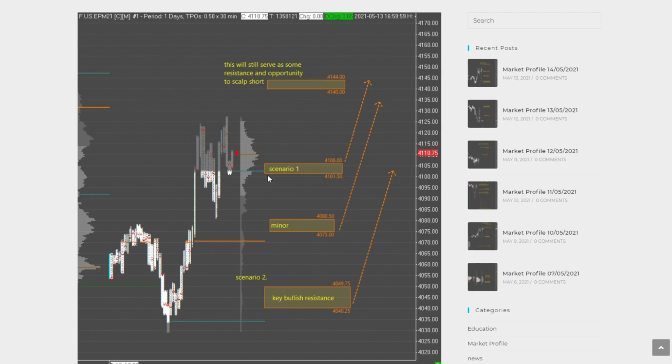And like I said, the stop loss level shouldn't be more than 10 points from this area. So if we would get to 4090 somewhere here, I would be out of this trade, and probably even sooner.